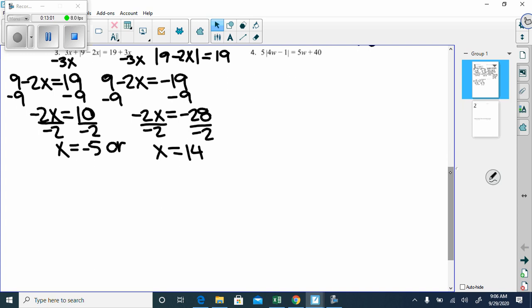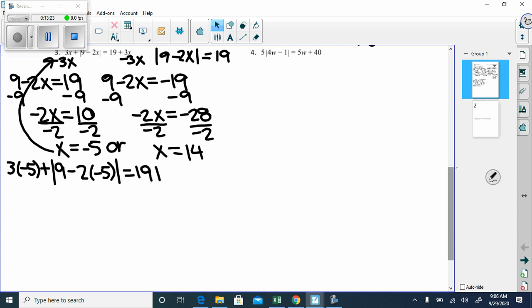Now all I have to do is check them. So I have to plug them in to the original. So I'm going to have 3 times negative 5 plus the absolute value of 9 minus 2 times negative 5 equals 19 plus 3 times negative 5.